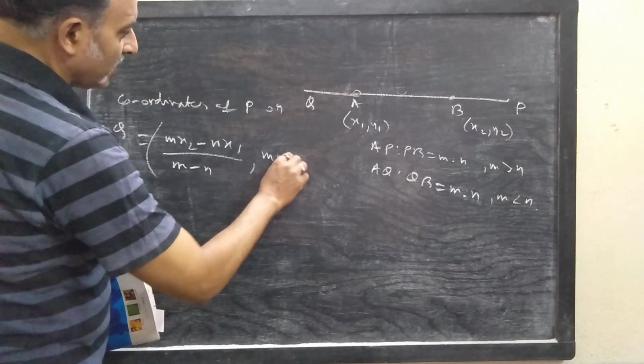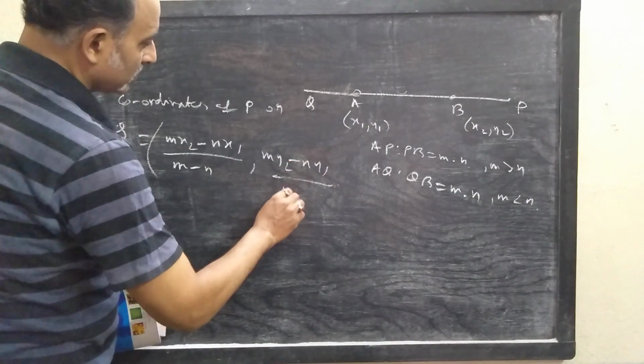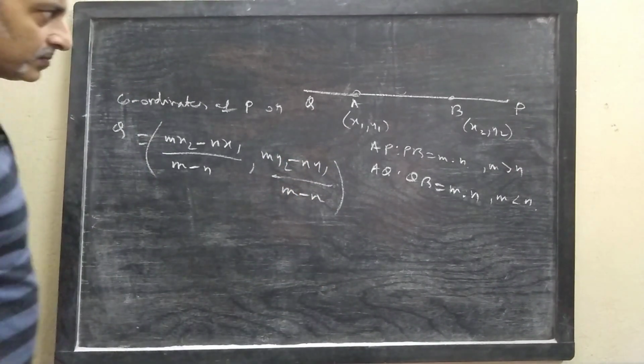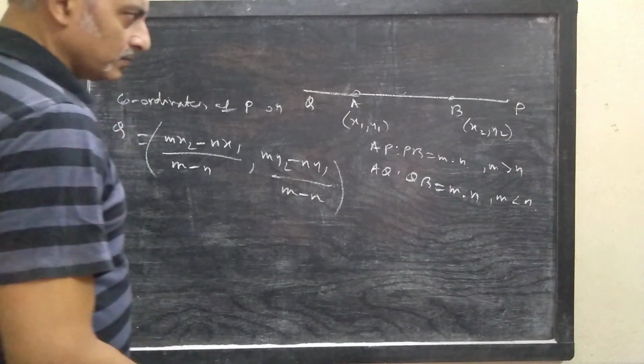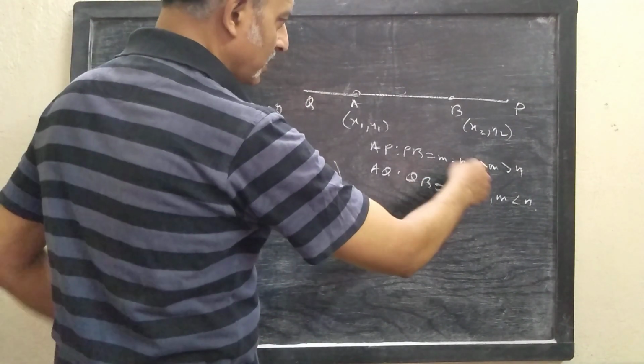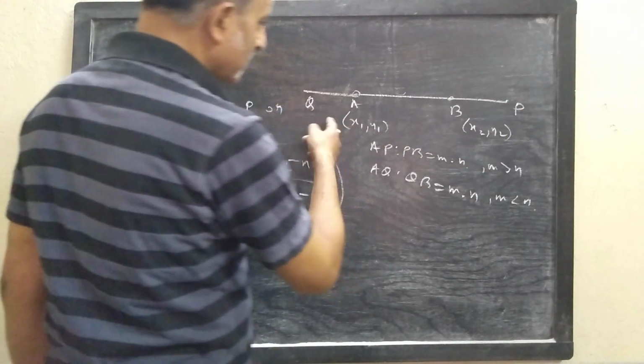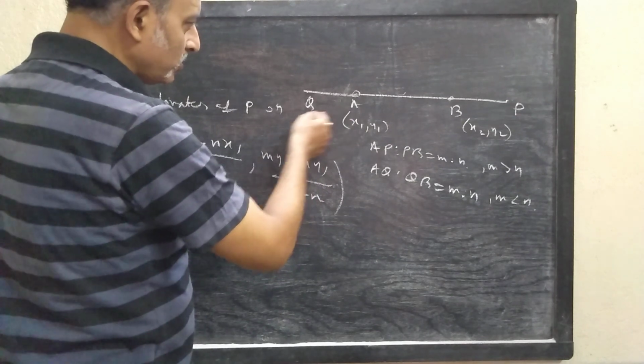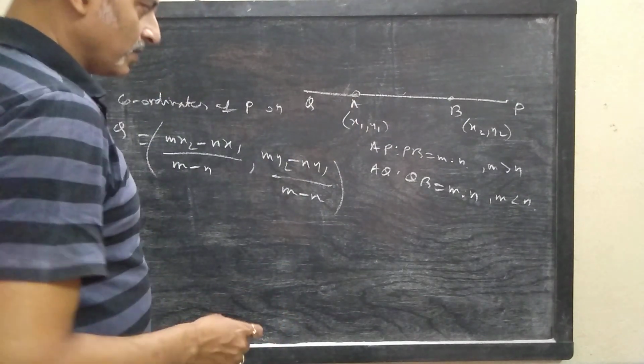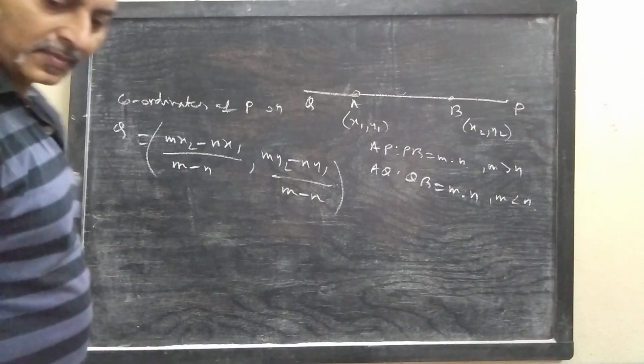Similarly, m times y2 minus n times y1 by m minus n. In this case, m will be more than n because P lies away from B. In this case, m will be less than n because Q lies nearer to A. The formula will be the same.